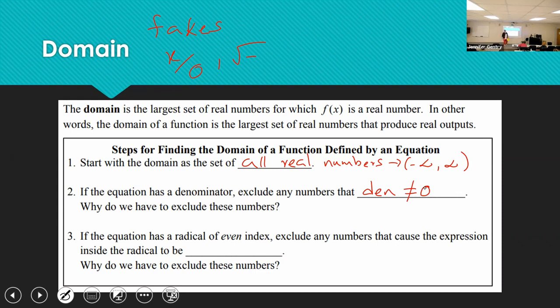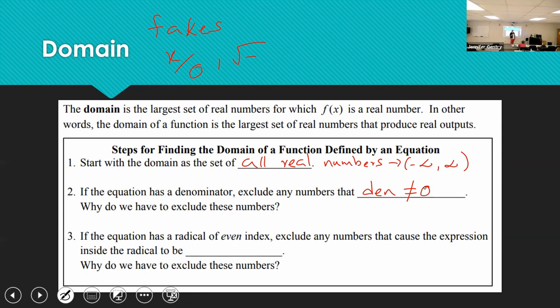If the equation has a radical of even index, technically we know that this square root has an implied 2, right? Do we know that? Okay, cube root, what's a 4? 3 is a cube, what's a 4?